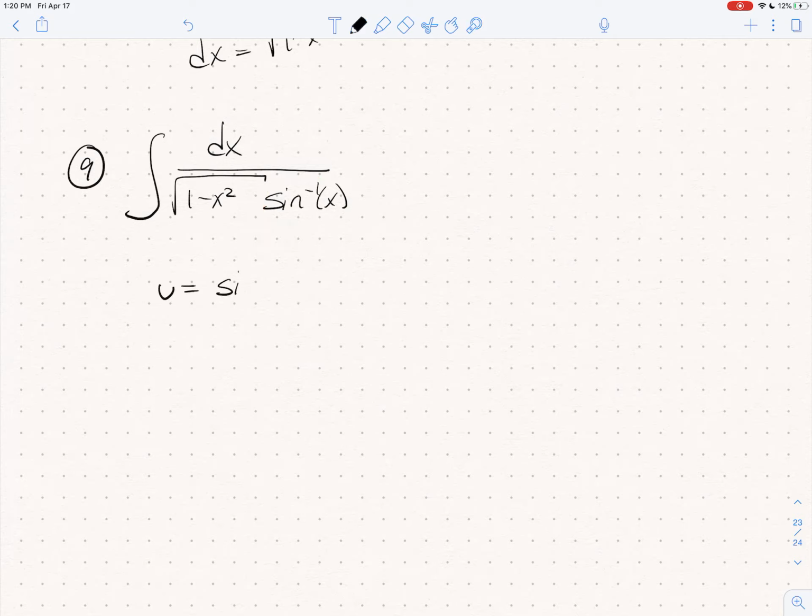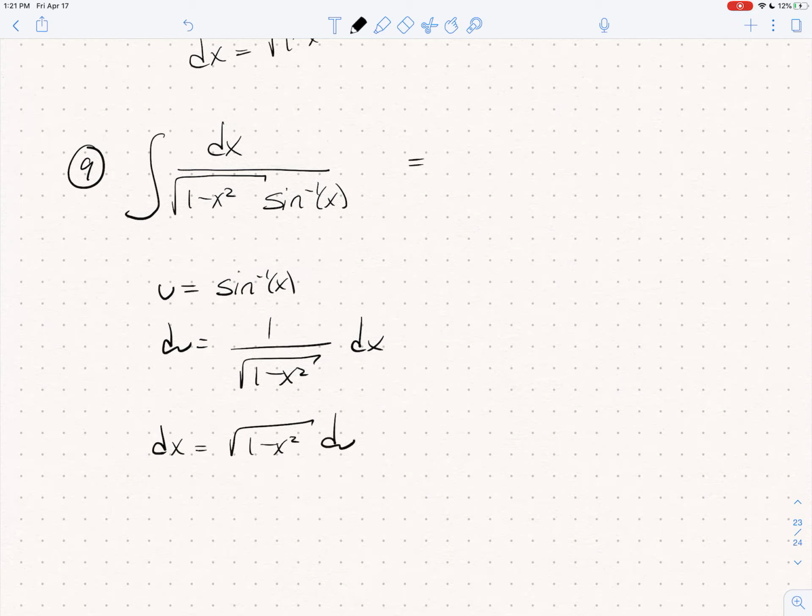So I'm going to, again, try U equals the arc sine of x. And again, du is going to be 1 over radical 1 minus x squared dx. So if you want, you can say dx is radical 1 minus x squared du. And so let's just work it out here in full detail. So dx becomes radical 1 minus x squared du over radical 1 minus x squared.